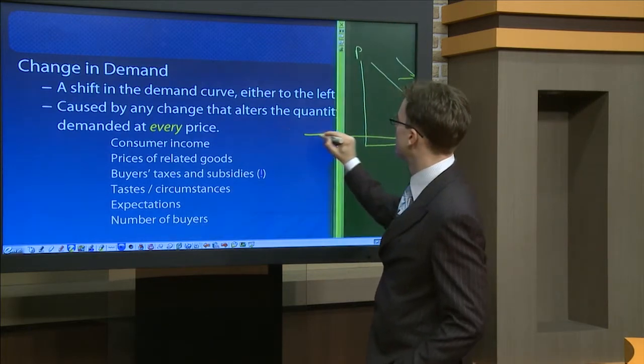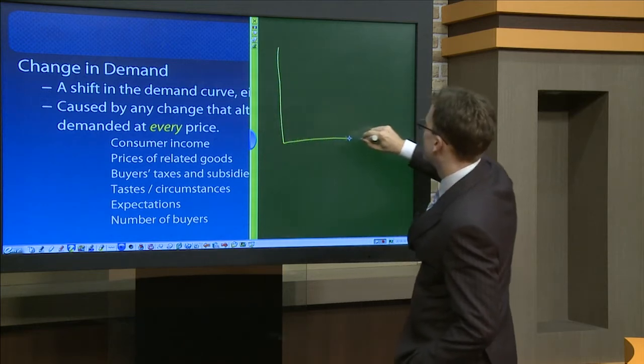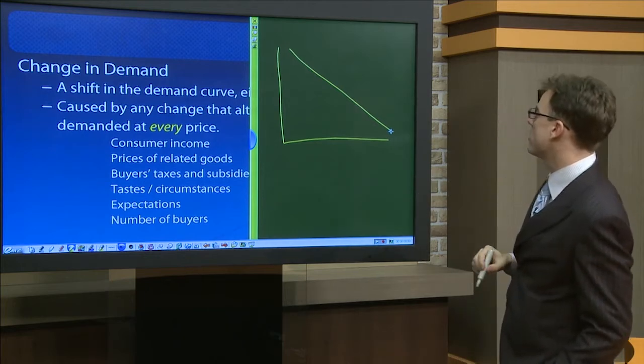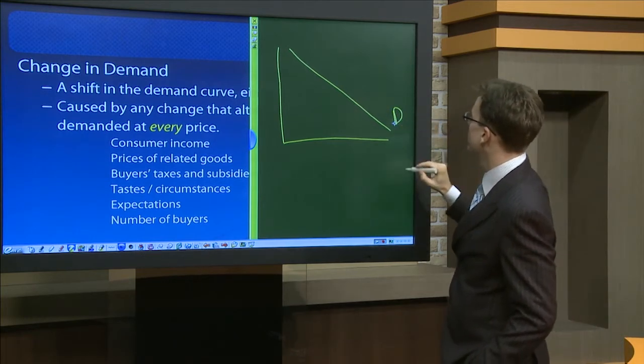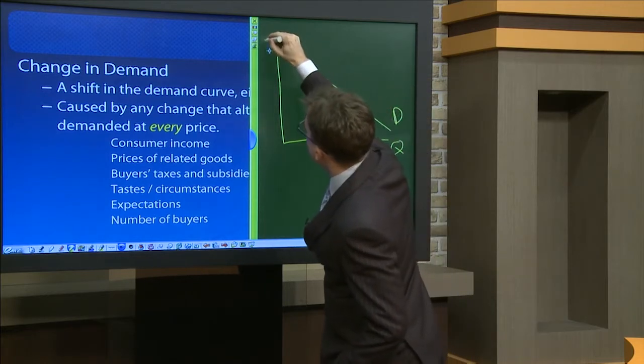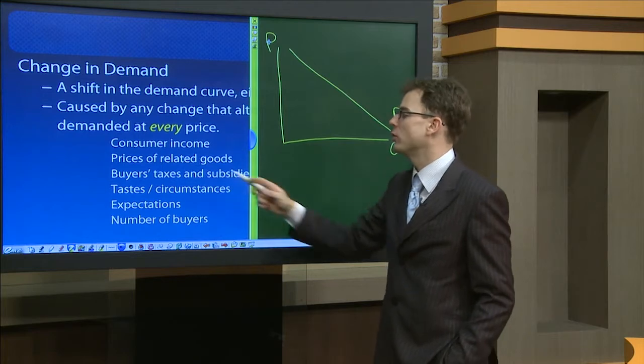Let me illustrate it. Suppose we start with a demand curve for a product, and suppose the government introduces a tax on buyers.